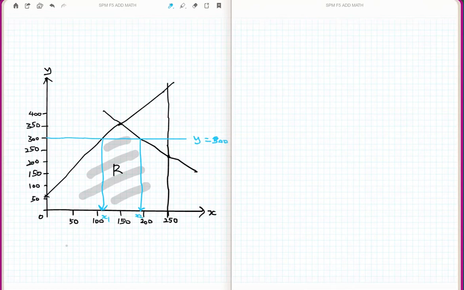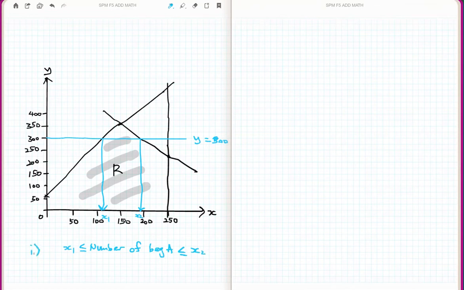Therefore the range would be from here to number of bag A, and then less than x2. So this will be the first part.